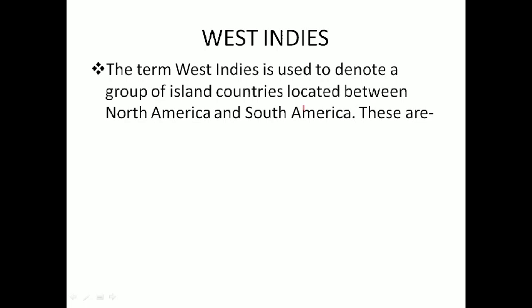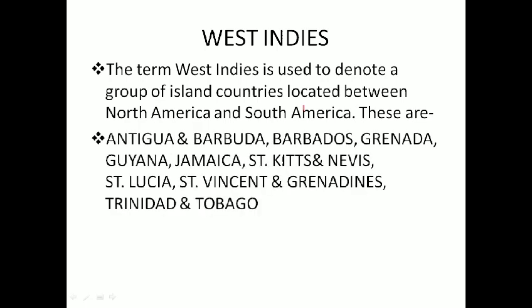These are Antigua and Barbuda, Barbados, Grenada, Guyana, Jamaica, Saint Kitts and Nevis, Saint Lucia, Saint Vincent and Grenadines, Trinidad and Tobago. So these countries together make what we say West Indies.